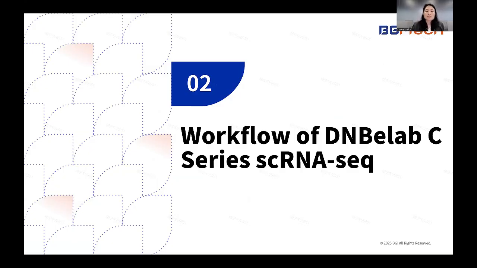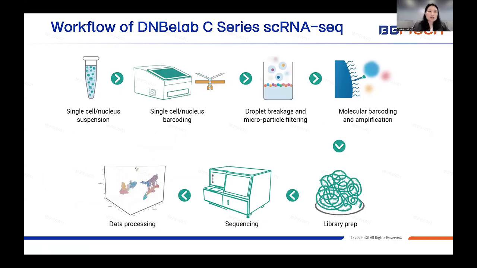So the next part, I will introduce the workflow of our DNBelab C Series single-cell RNA sequencing. Here is the overview of the workflow. In total, it can be divided into these steps. Firstly, we need to get a single-cell or single-nucleus suspension.